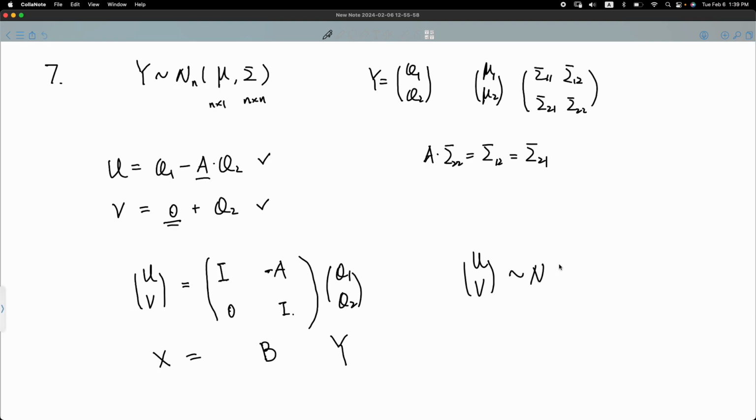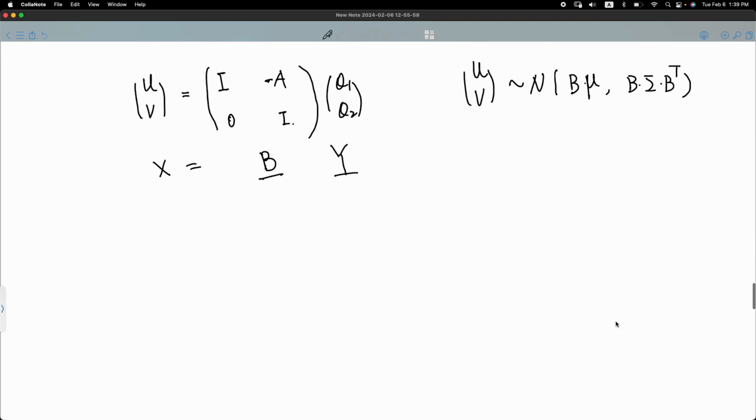I'm not going to comment on the dimension here, but this is just B, the matrix B that we defined here, multiplied by mu, the mu coming from Y. This is the mean vector because it's just a linear transformation of Y. And then you will have B multiplied by sigma B transpose. For the rest, you can just complete this question.